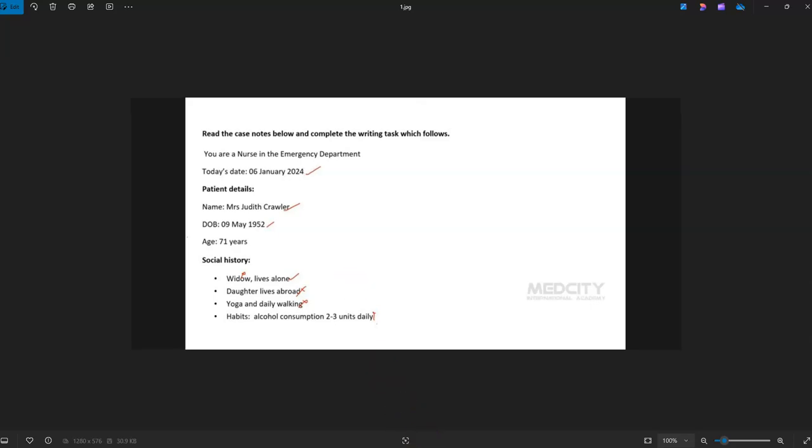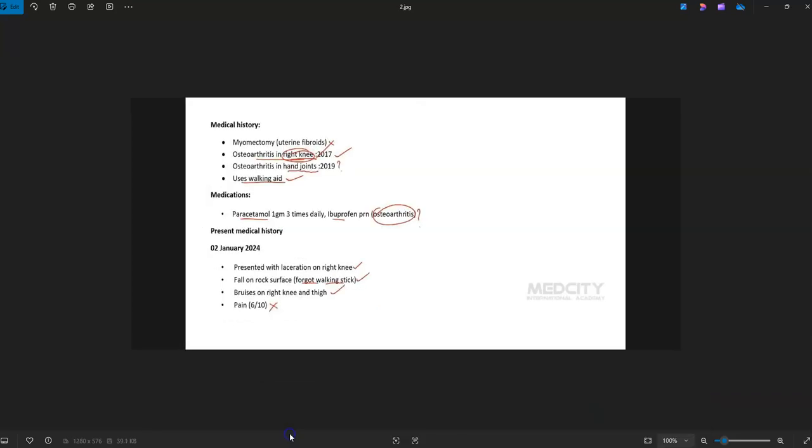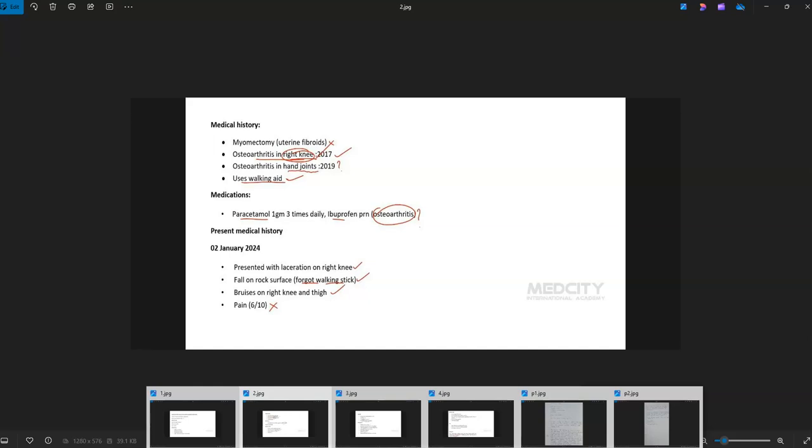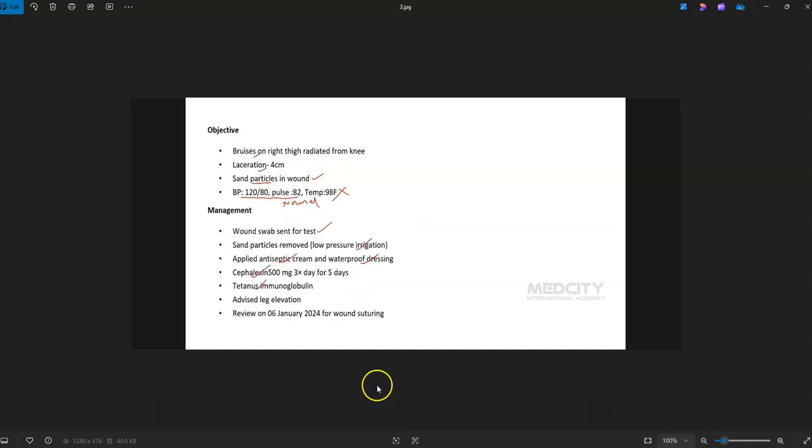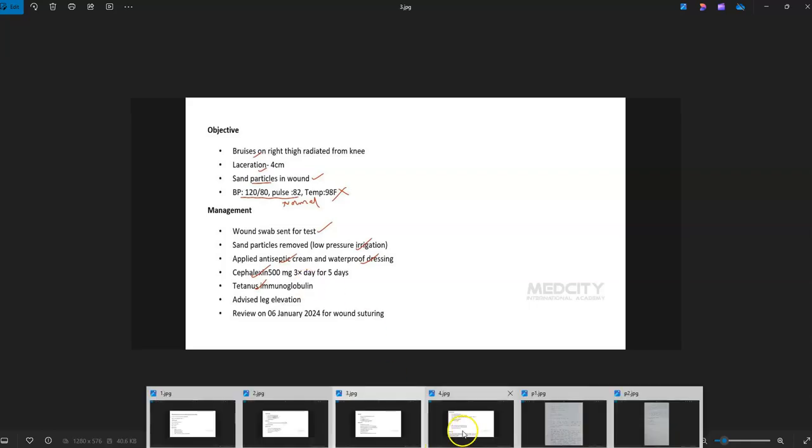Okay, so she could have presented, but usually if it's emergency, you might say admitted. Presented, you could do, but again, that's usually when they come to see you at a clinic, etc. But okay, because it's emergency, it doesn't look like she was kept in. Looks like she just came in and had some treatment and then she went home.